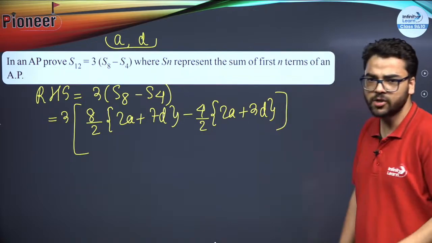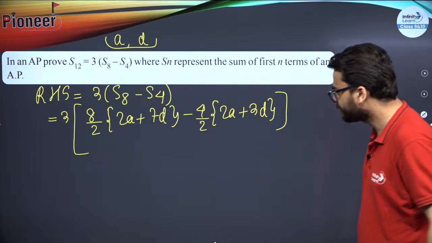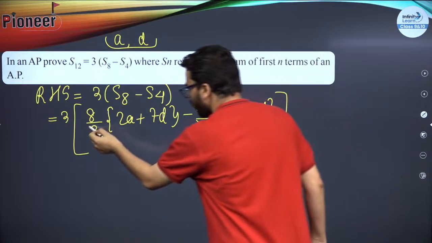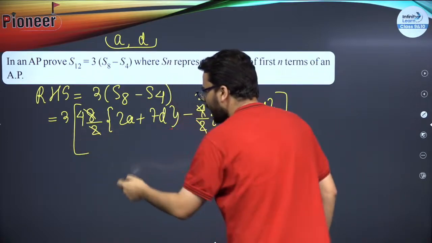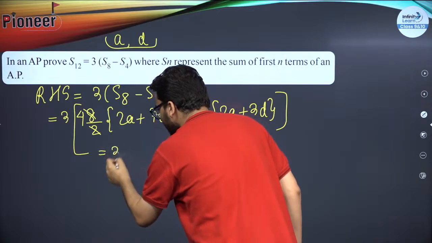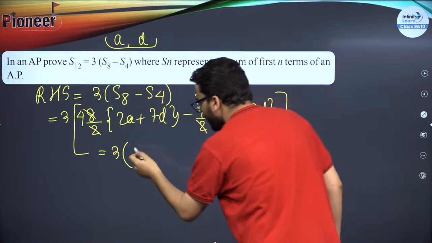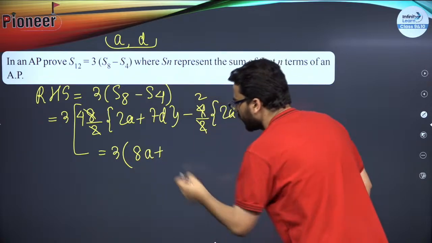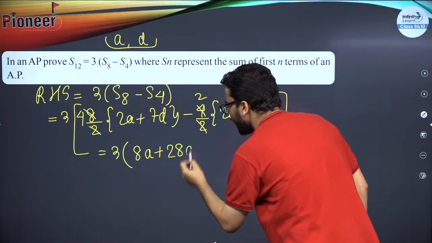So this is the expression which we need to simplify. This is 2 over here, and over here it is nothing but 4. Let's simplify it further, guys. So this is 3 into, if I open up the bracket, 8a plus 28d.